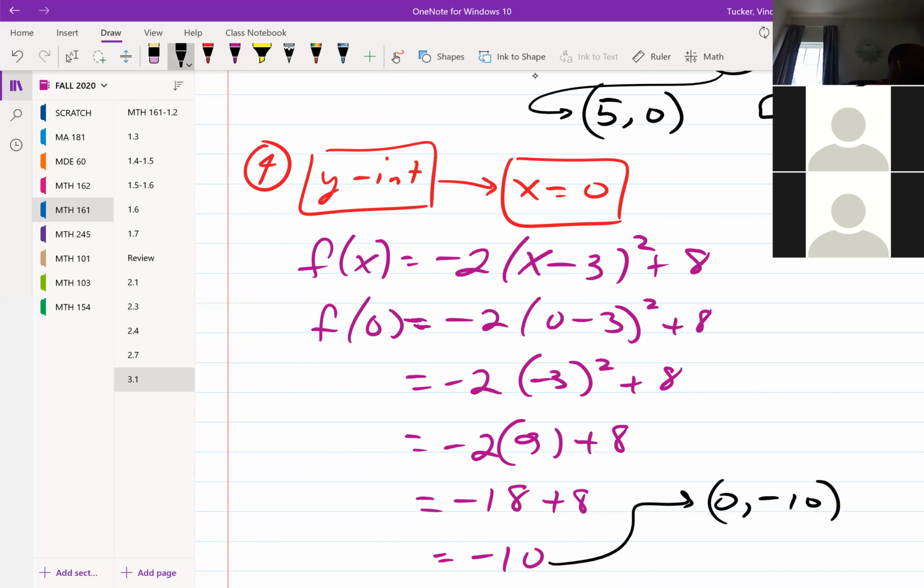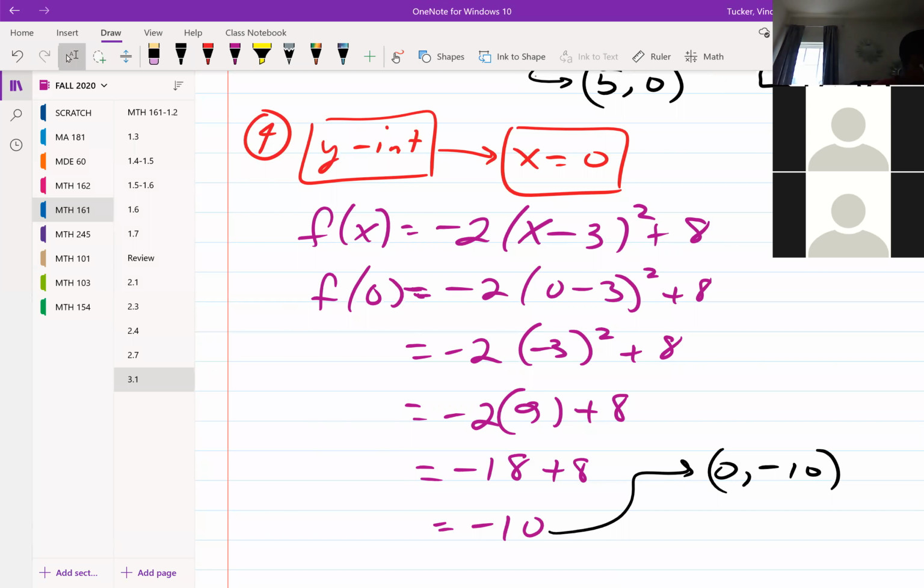Plugging in 0 for x gives you your y-intercept. All right, questions. All right, so that's 4, right?